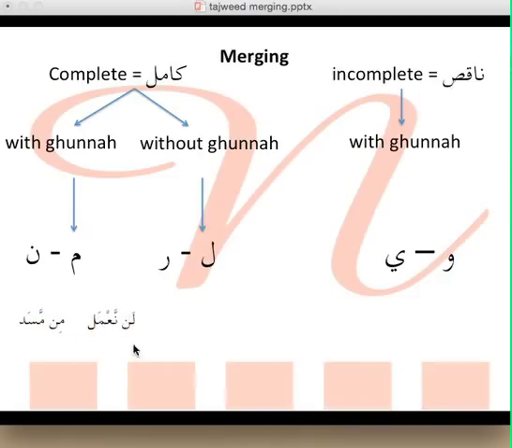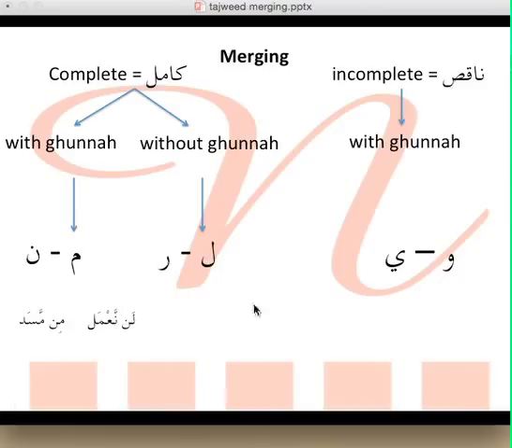Now let's see this example, لن نعمل and min masad. Min masad is from the Qur'an. لن نعمل I didn't pick from the Qur'an. I just put any example to show you how we read the noon. لن نعمل. We've got an empty noon, and afterward there is noon.